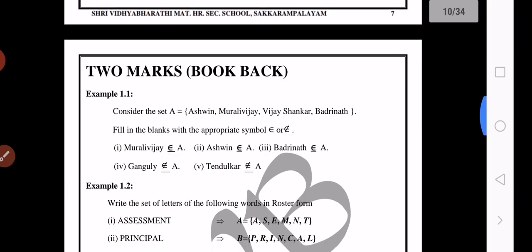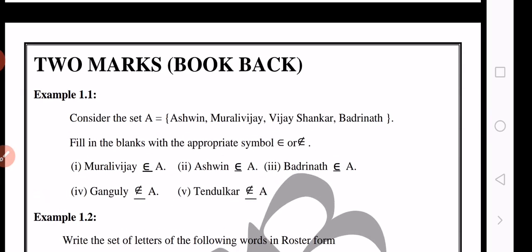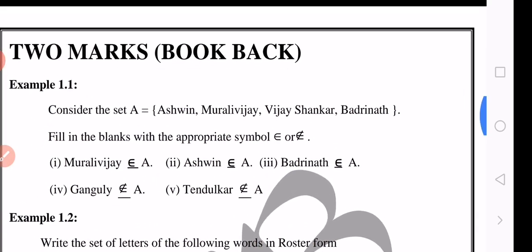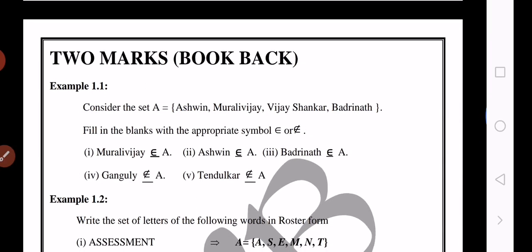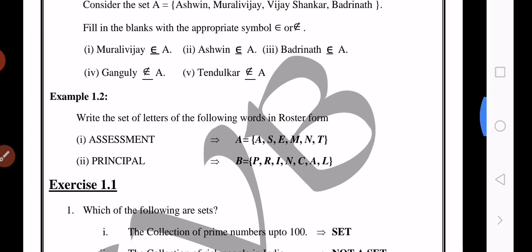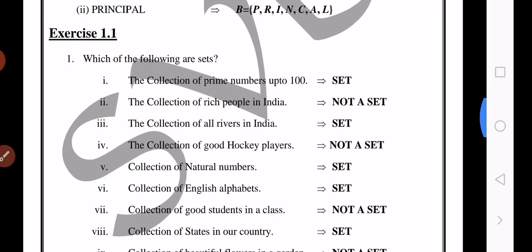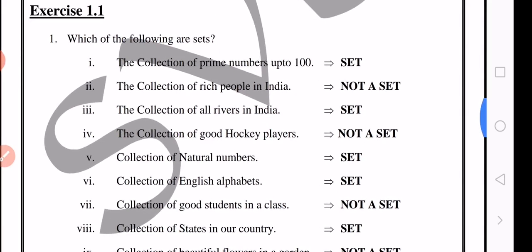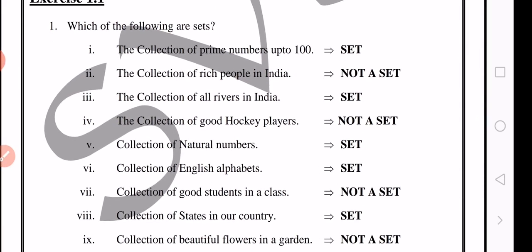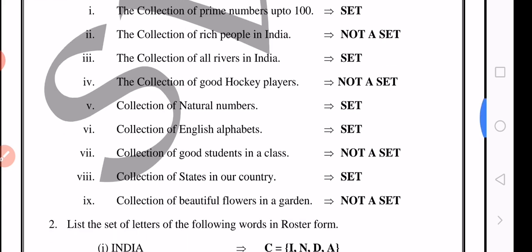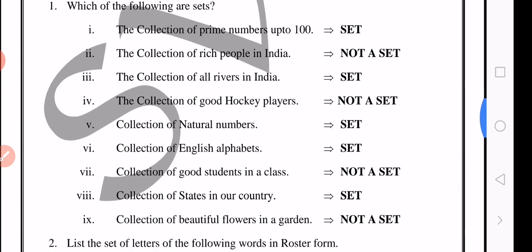So we come to the 2 mark, book back 2 mark. Look, we write the note, all the sums without fail. First 2 mark, we will ask set notations and example 1.2. After that, in example 1.1, which of the following are sets. In the first class we discussed all the answers, last class. So we check it.